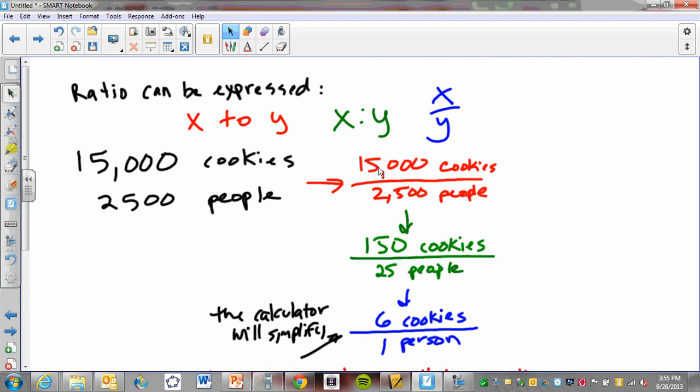It could be 15,000 cookies to 2,500 people. I can simplify some just by crossing off these two zeros and going 150 cookies to 25 people. Or if I put it in the calculator, it will tell me I have 6 cookies for every one person.